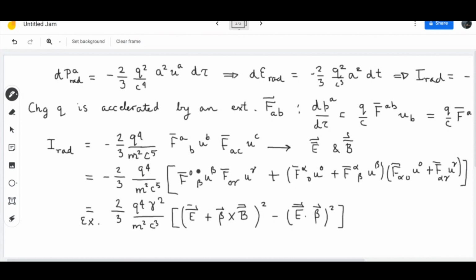Okay, so all you have to do is remember in the Gaussian units what the F's are in terms of E and B, and you should be able to derive this. So that's actually a very nice algebraic exercise, and make sure this is the correct formula because this formula is there in Landau-Lifshitz, The Classical Theory of Fields.